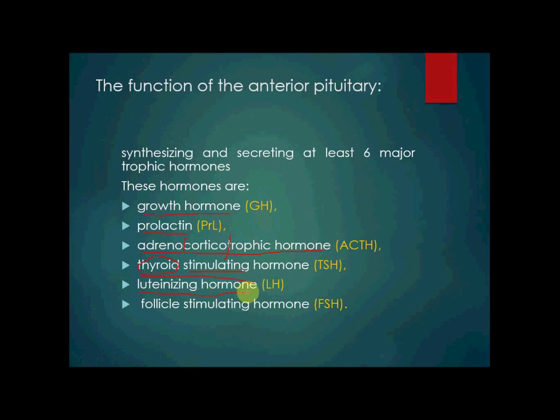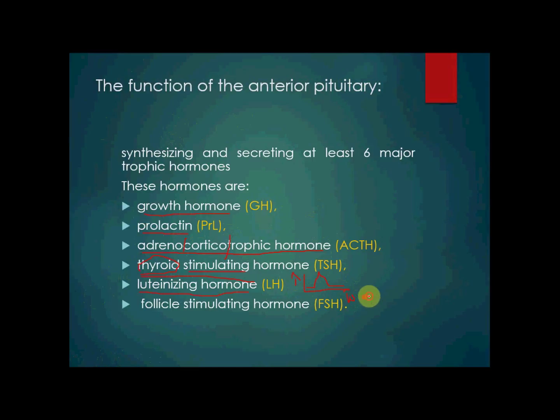Luteinizing hormone. The only way we could remember this is by the ovulation, and there's a very known graph for it. It is called the LH surge. Now, up here is the concentration of the LH, and here is time, in weeks.